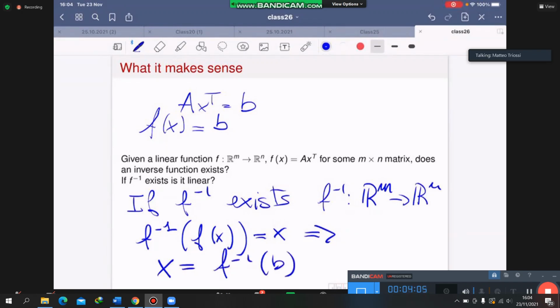So if we can invert a linear function, we would be able to solve the system.